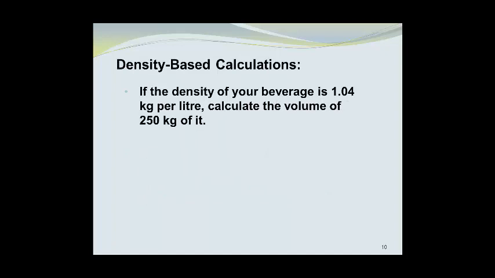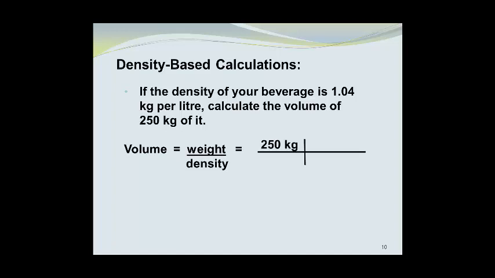So let's take a look at 2 density-based calculations. If the density of your beverage is 1.04 kilograms per liter, then let's calculate the volume of 250 kilograms of it. We begin with the formula that the volume is equal to the weight divided by the density. Using dimensional analysis, we'll draw a horizontal straight line, and then we'll put the weight on top at the left.